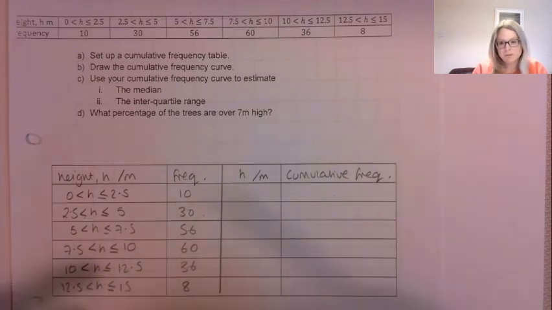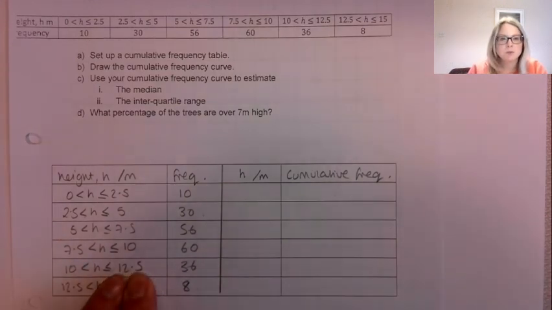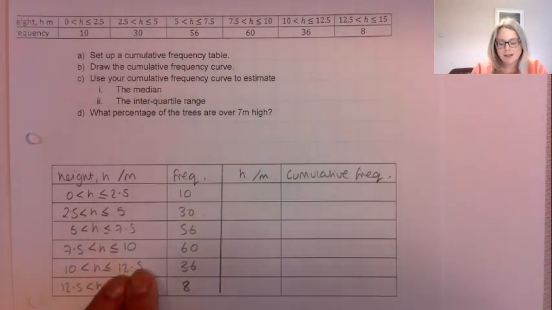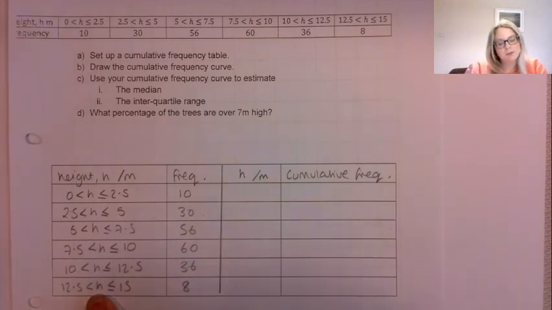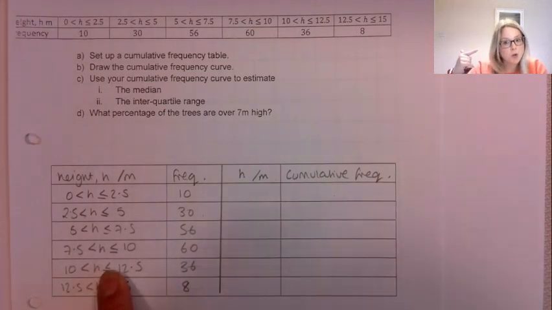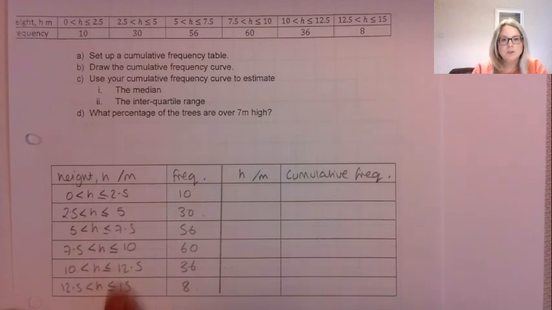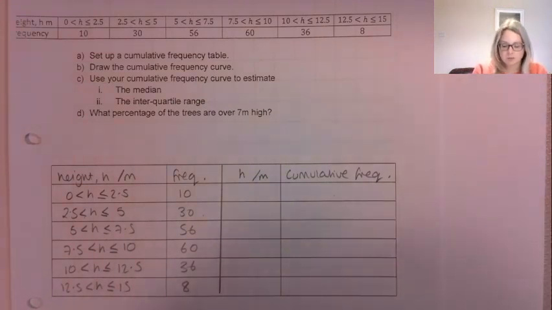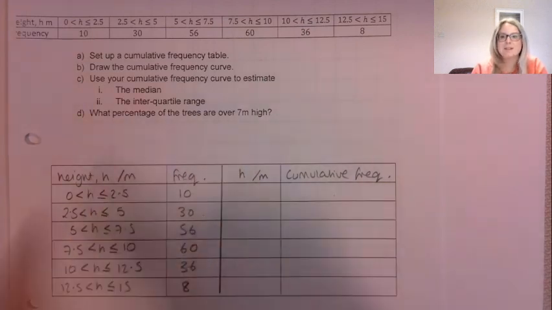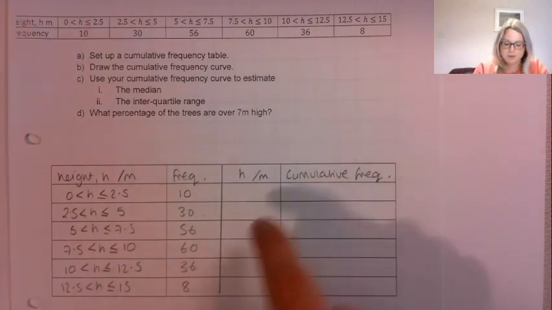They are important because if we didn't get those right, like say for example a tree which was 12.5, well that has to go into this group, because see this wee group here, it's for heights which are greater than 12.5, whereas this one is for heights less than or equal to 12.5. So you always need to make sure there's a clear distinction for your values to go into one group or the other. It can never be possible for them to go into 2 groups. So pause, get this written in, and then unpause and we'll do the rest.